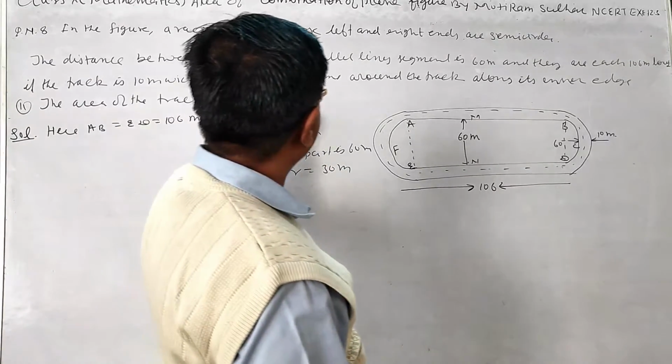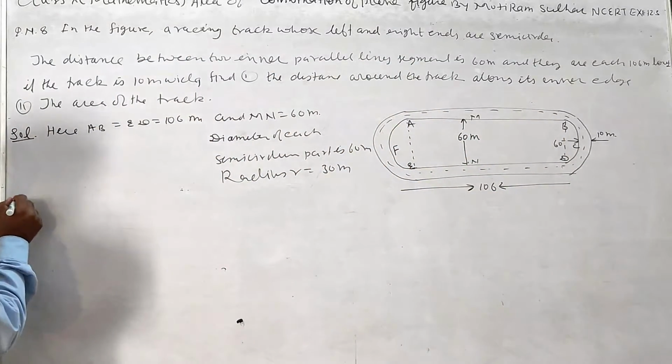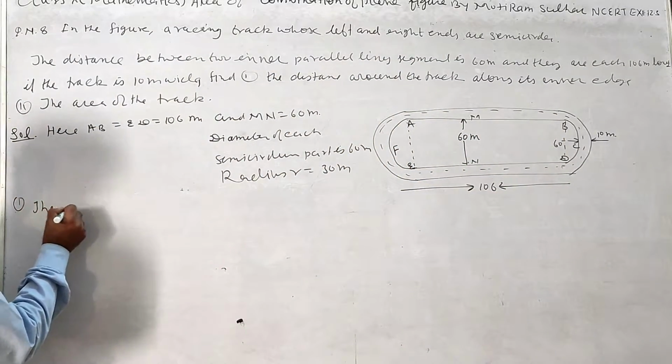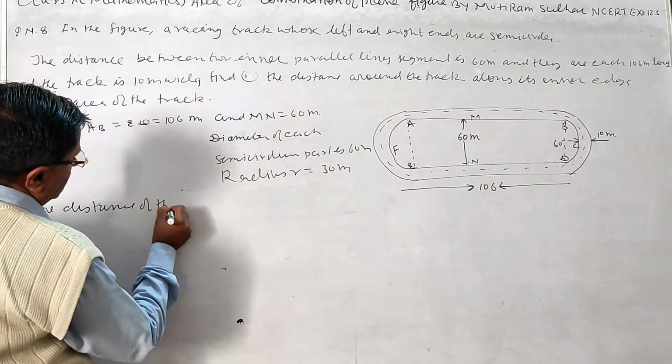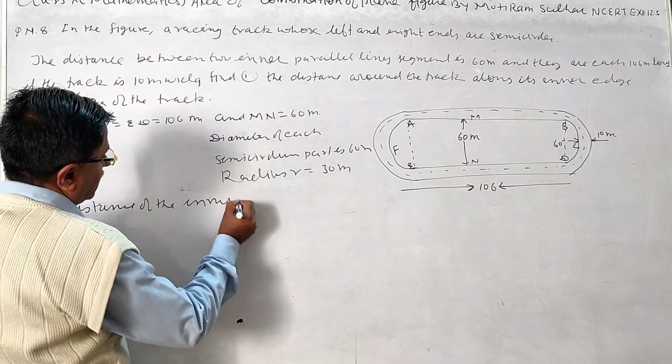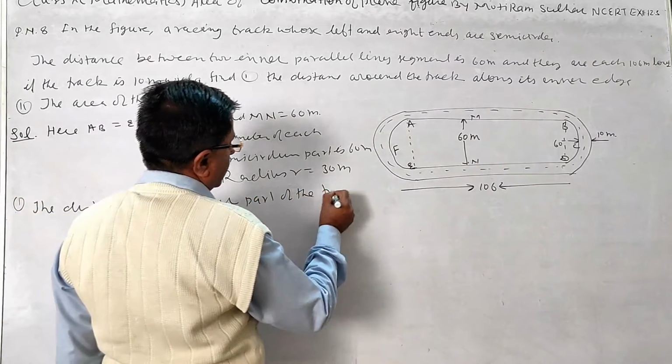Now the first part asks for the distance around the inner part. The distance of the inner part of the track.